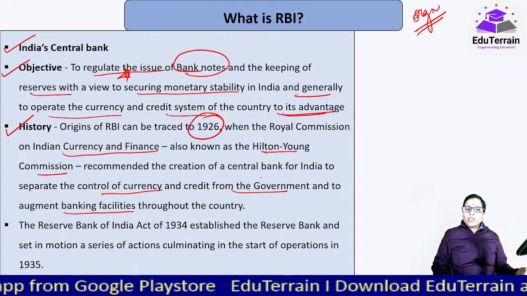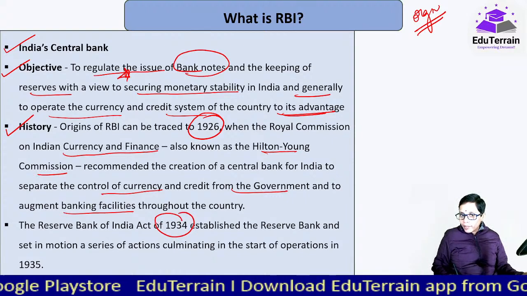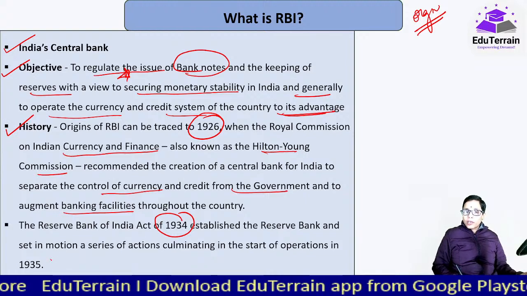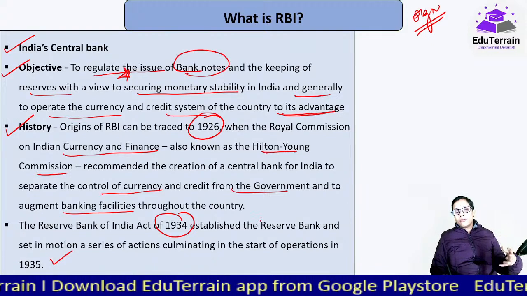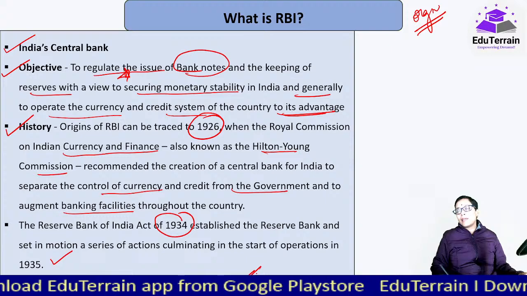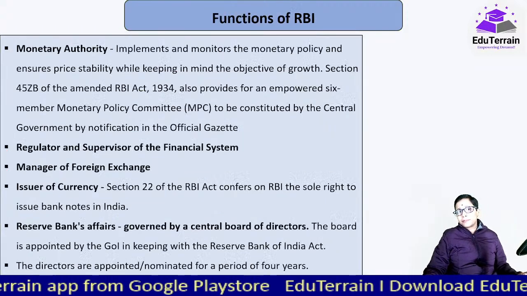As part of which it was established through the Reserve Bank of India Act in 1934, and it started its operations in 1935. Later, once we got our freedom, that is independence, we nationalized this in 1949. Basic, not much, but still this is required.